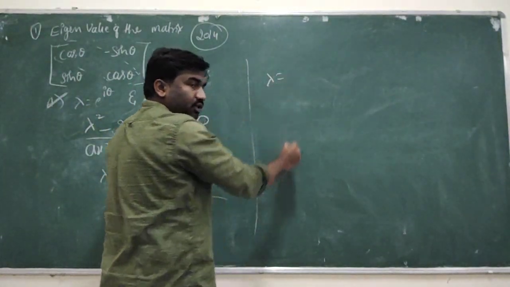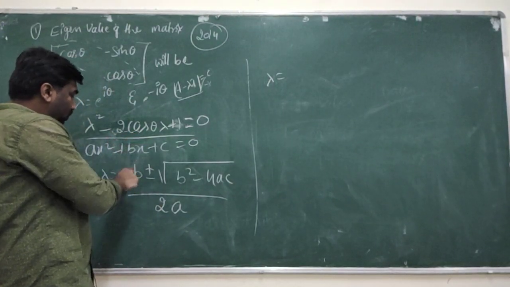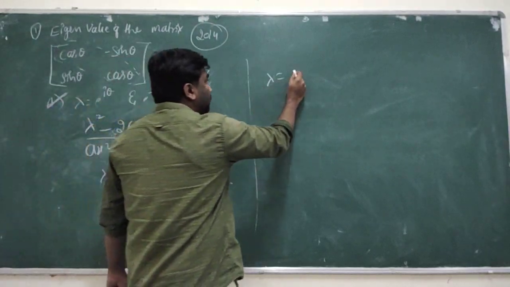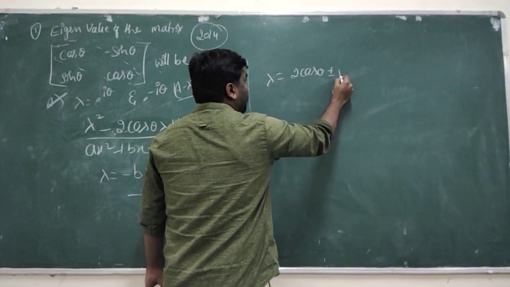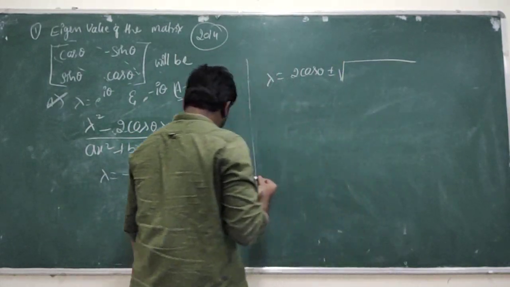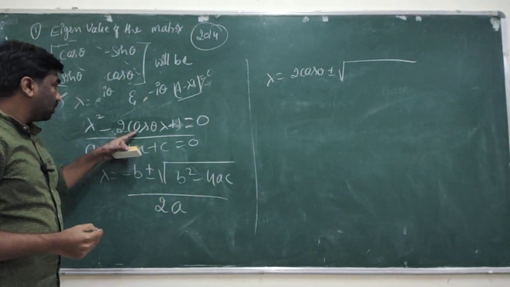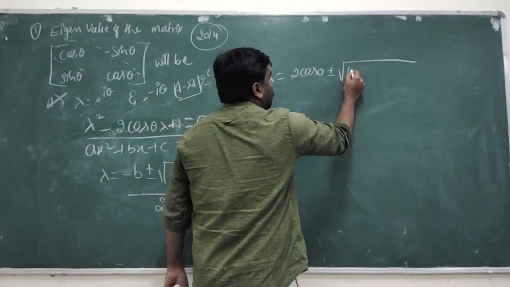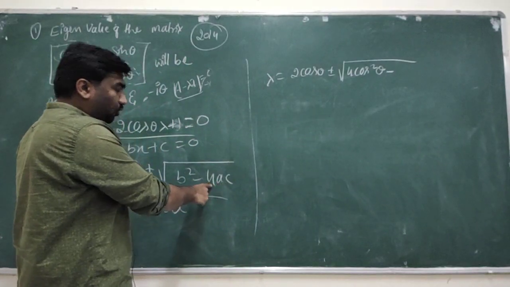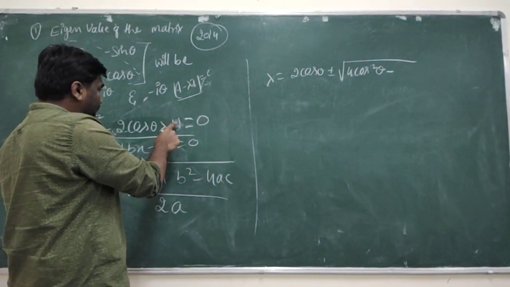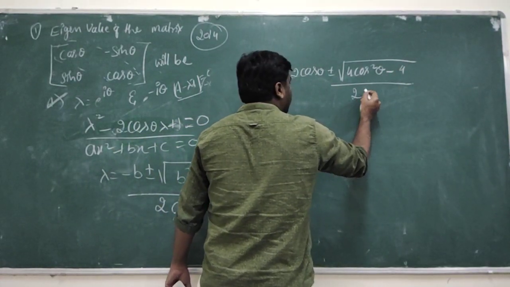and therefore lambda is equal to minus b, which is minus 2 cos theta, so minus into minus is plus 2 cos theta, and plus or minus root of b square, which is 4 cos square theta, minus 4ac, where a is 1 and c is 1, divided by 2 into a, which is 2.